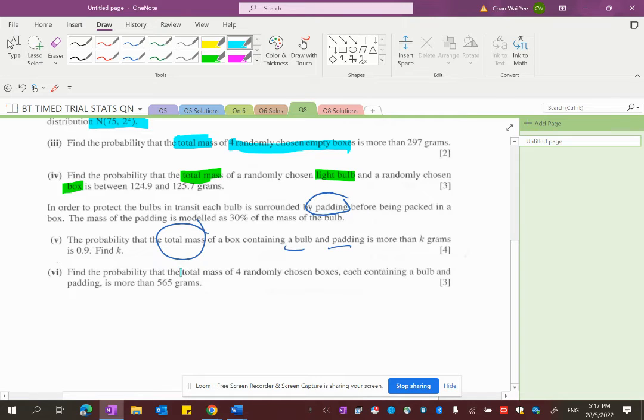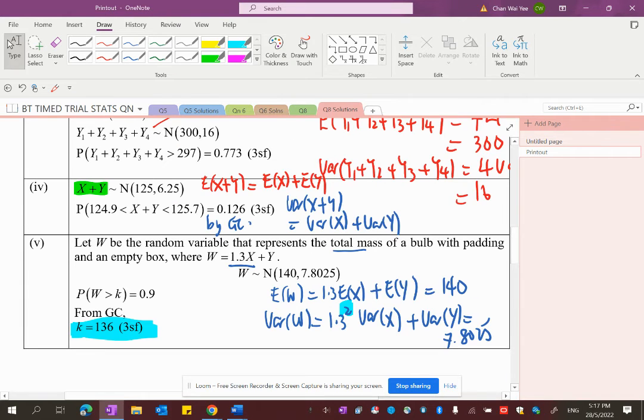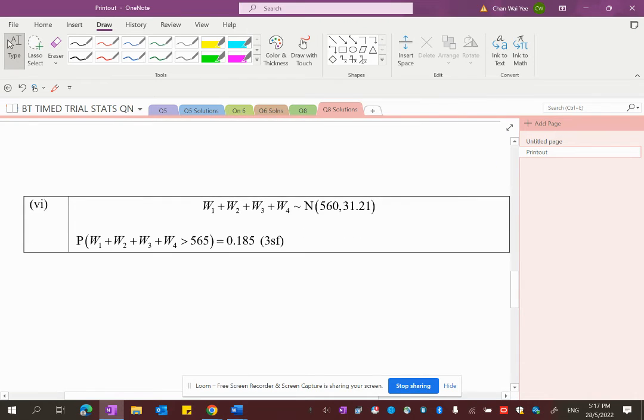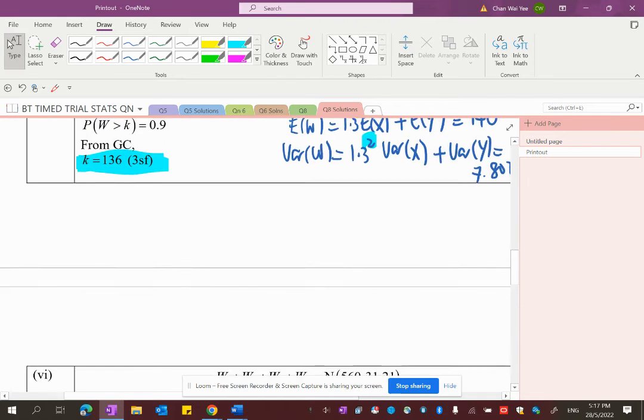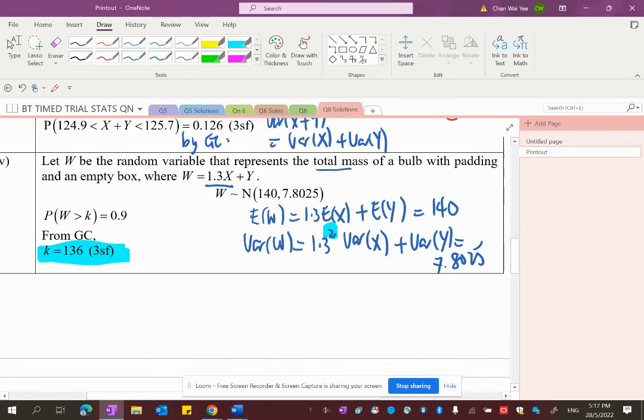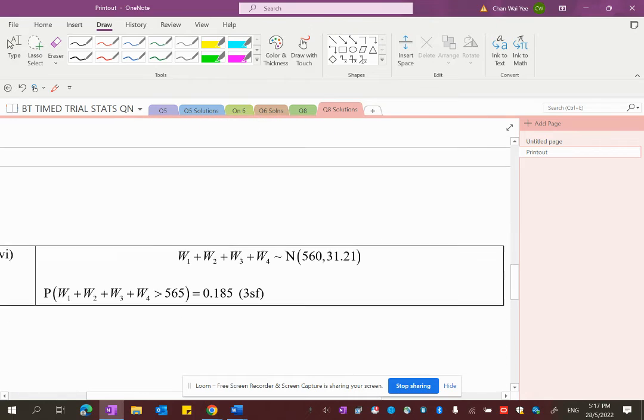Okay, now part 6. Find the probability that the total mass of 4 randomly chosen boxes, each containing a bulb and padding, is more than 565 grams. Okay, so with that, we know that there must be a new random variable because a new distribution is involved. We have defined a random variable which includes the bulb with the padding, but now I have four of them.